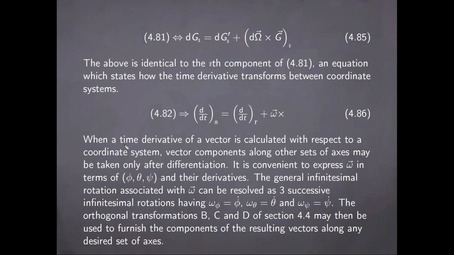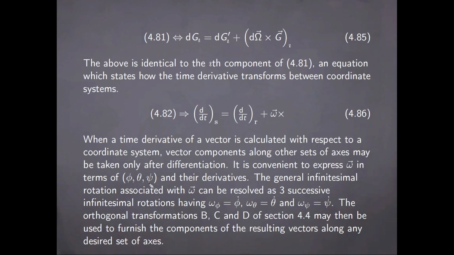So when a time derivative of a vector is calculated with respect to a coordinate system, vector components along other sets of axes may be taken only after differentiation. It is convenient to express the instantaneous angular velocity in terms of the Euler angles and their derivatives.